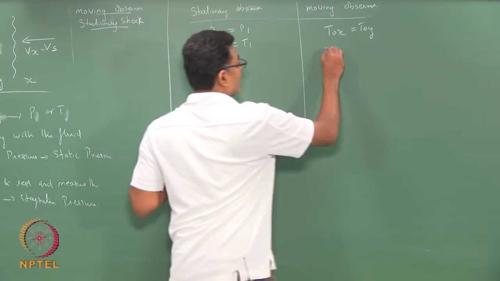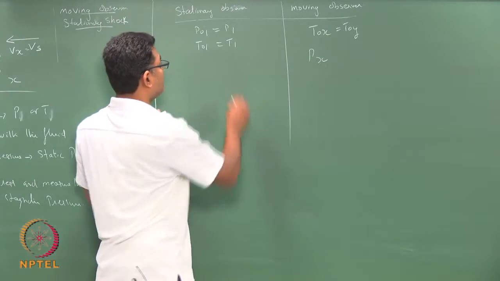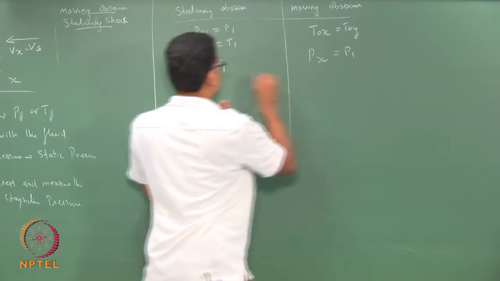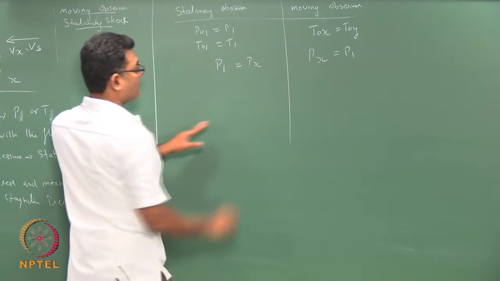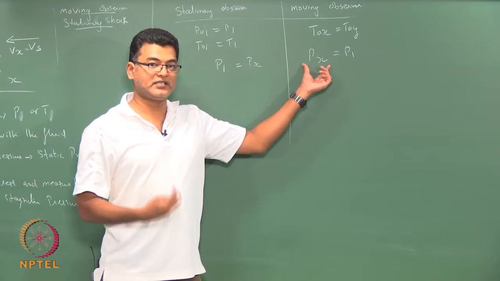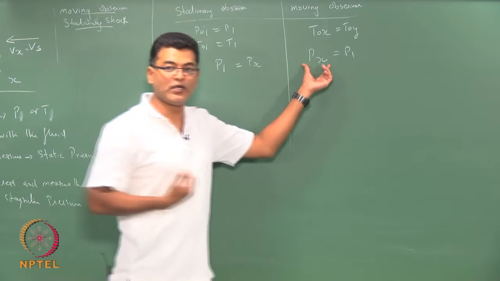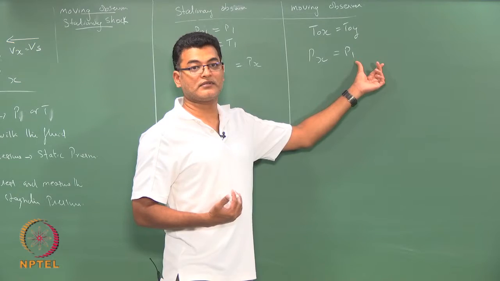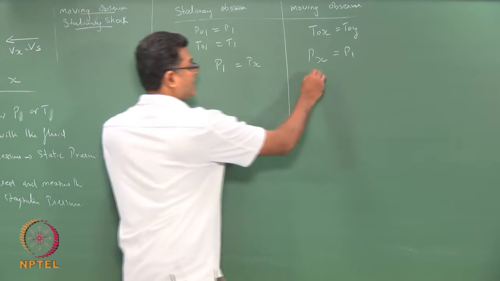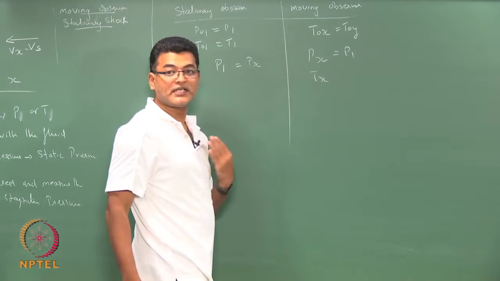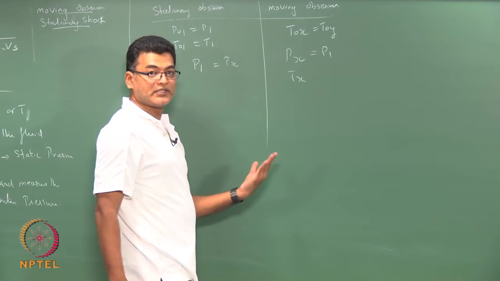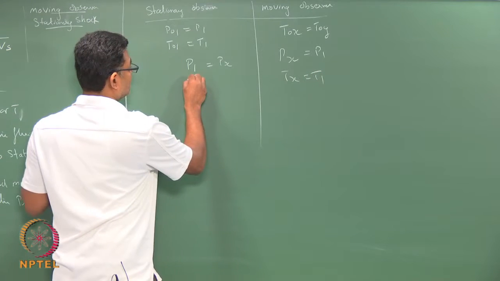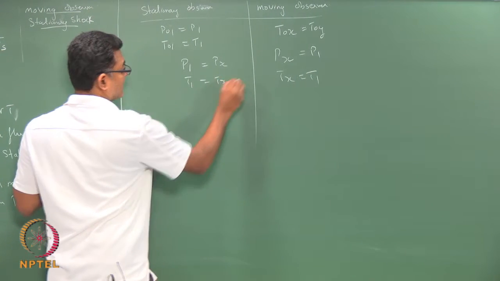So, the Px that is measured here is same as my P1. The static pressure which is measured when I move along with the fluid, that is same as my P1. Likewise, my Tx, which is the temperature that is measured when I move along with the shock, is the same as my T1. So, my T1 is same as my Tx.